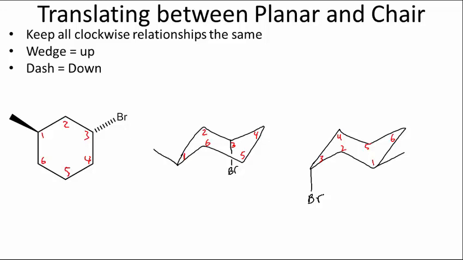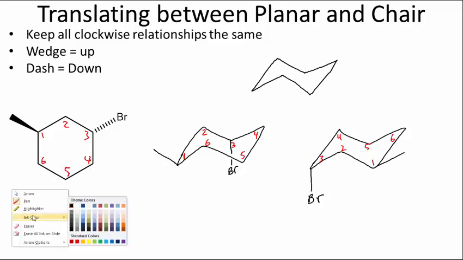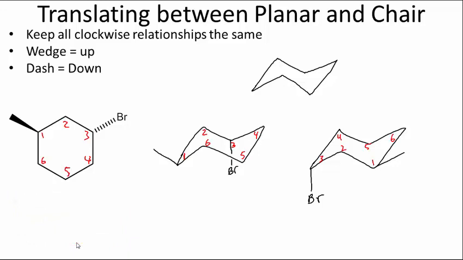Now, if I just rotate my arbitrary choice by 1 point, rather than moving by 2 positions, if I make this carbon 1 here, then 2, 3, 4, 5, 6, based on that arbitrary choice, I'll get the flipped version of the chair, where now on carbon 1, the up substituent, the methyl group, would be axial, and on carbon 3, the down substituent would be equatorial.